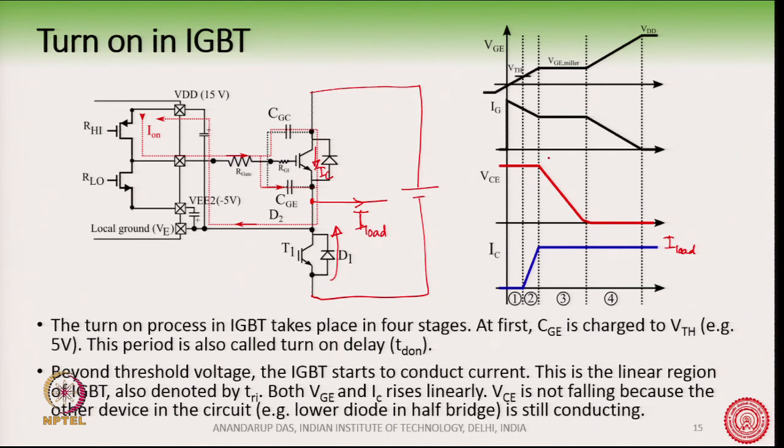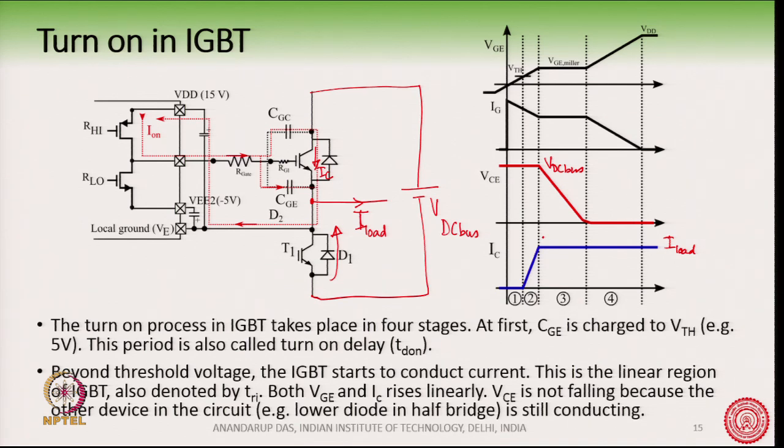So, this is the DC bus voltage. The voltage across the IGBT is equal to VDC bus, whereas the current is rising up here.